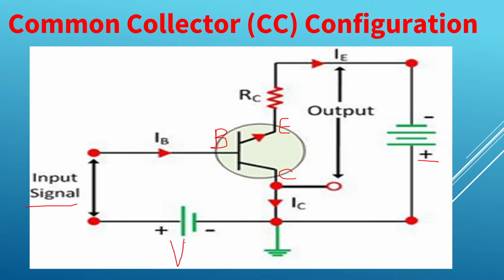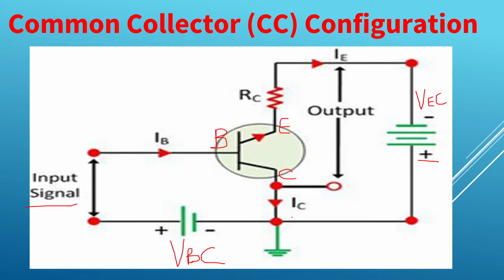I will write it down, VBC. And this voltage is VEC. Isn't it? This voltage is VEC, this voltage is VBC. So just draw this. Meanwhile, I will give the explanation for this common collector configuration.